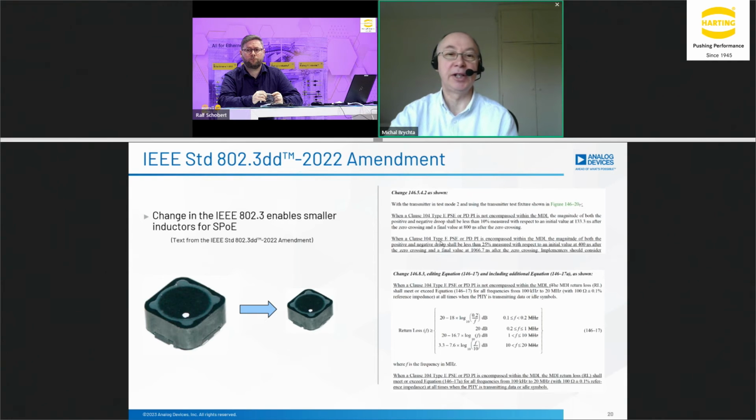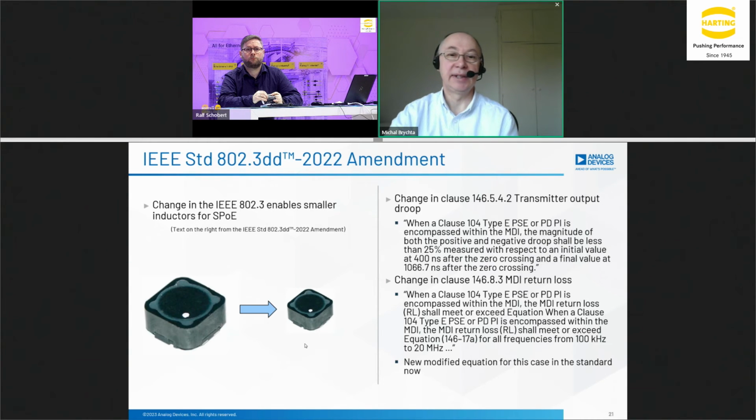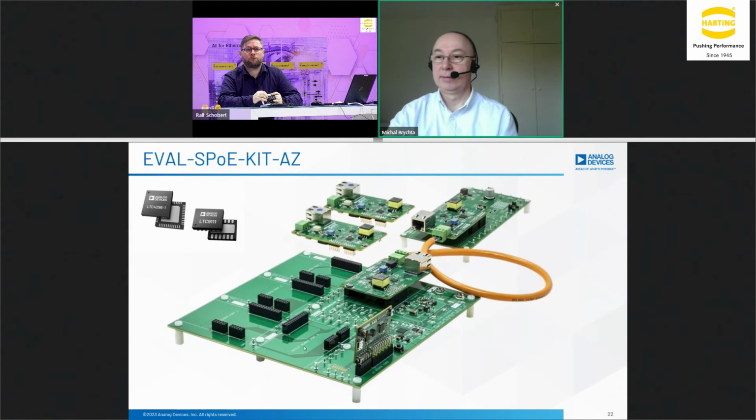It changes the Droop specification, and it changes the return loss specification for the specific case when there is power used in the system, and that enables using a smaller inductor for the same power, or the same inductor delivering more power in the system. So I wanted to address this topic a little bit in detail.